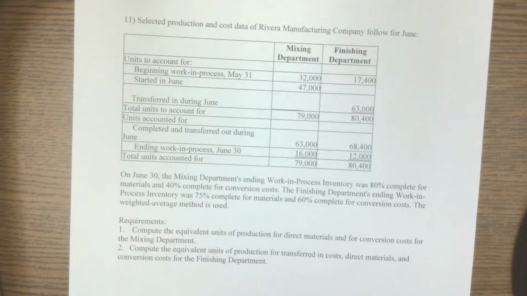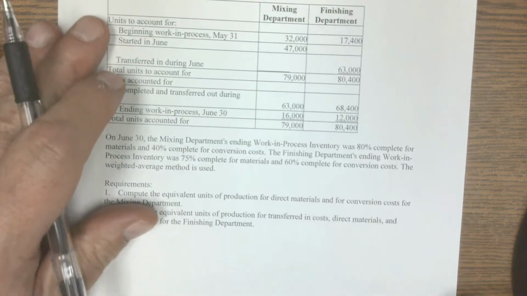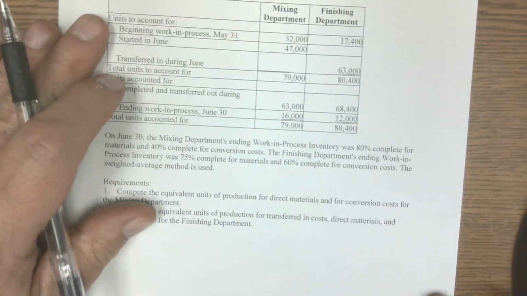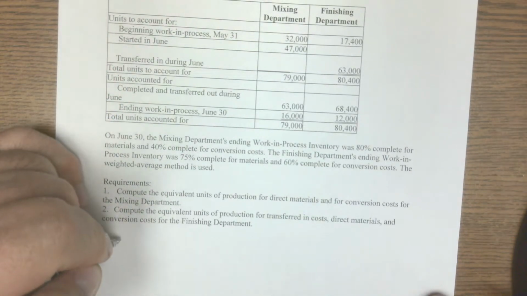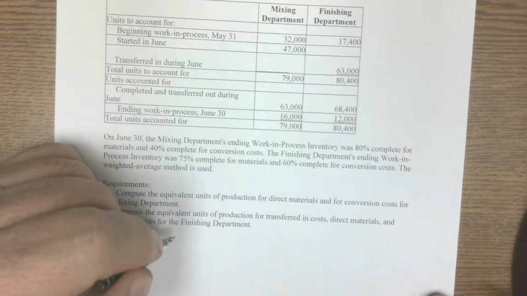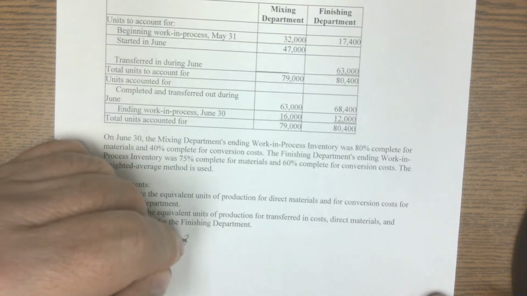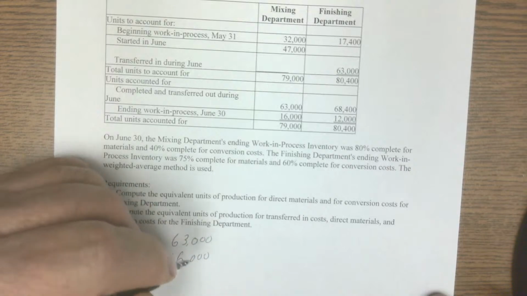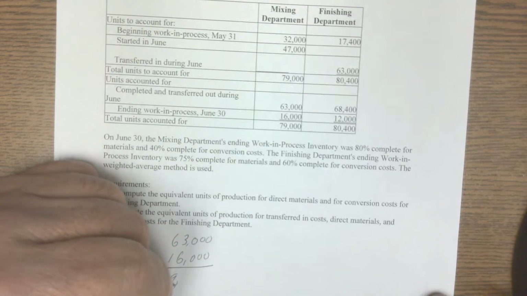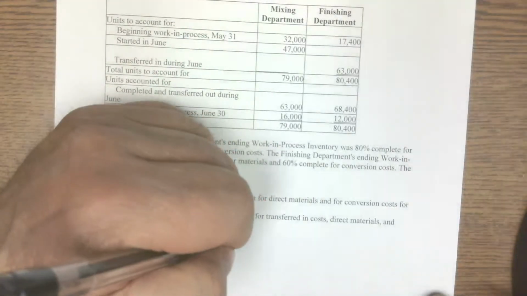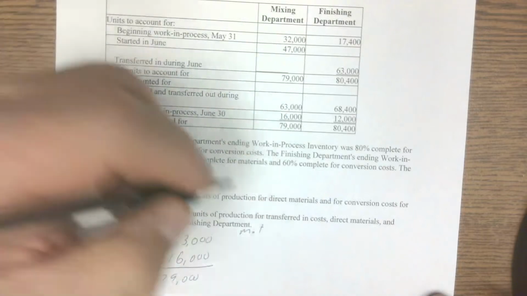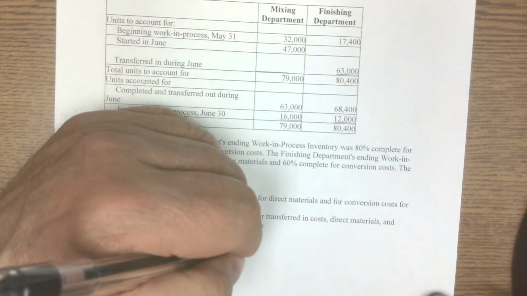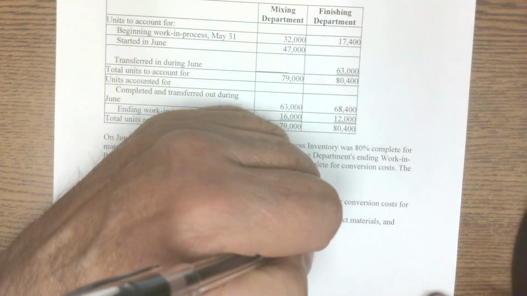So number 1, it says compute the equivalent units of production for materials and conversion costs for the mixing department. All right. So we take our transferred out, 63,000. We've got 16,000 ending inventory, gives us 79,000. So our materials, if it's transferred out, it's complete. Conversion, same thing.